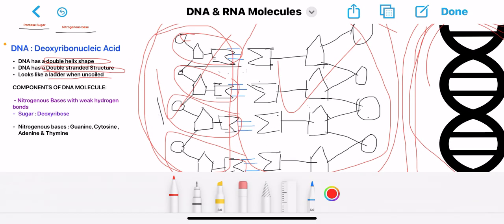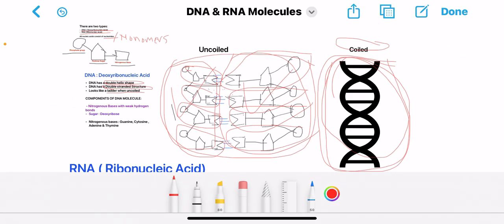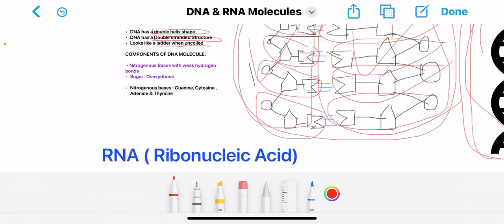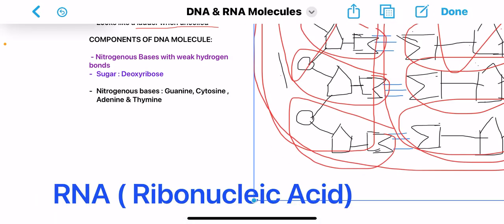You see, they are building blocks. They build up a strand. Even this side also, first nucleotide, second nucleotide, third nucleotide, and fourth nucleotide. They build up a strand. They are the building blocks of what? Of the DNA molecule.